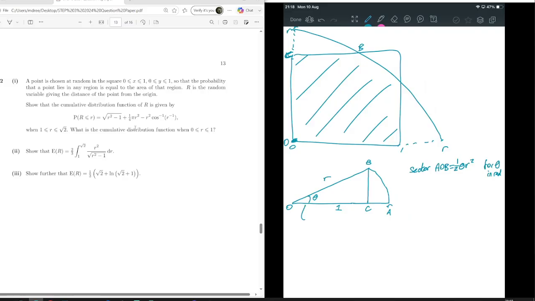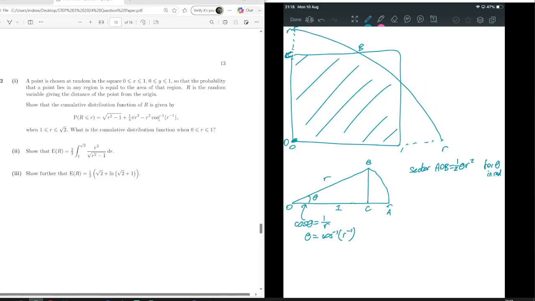We know that cos theta is adjacent over hypotenuse. So theta is cos inverse of 1 over r, which I'm writing in that way because the question's written it in that way. Brilliant.